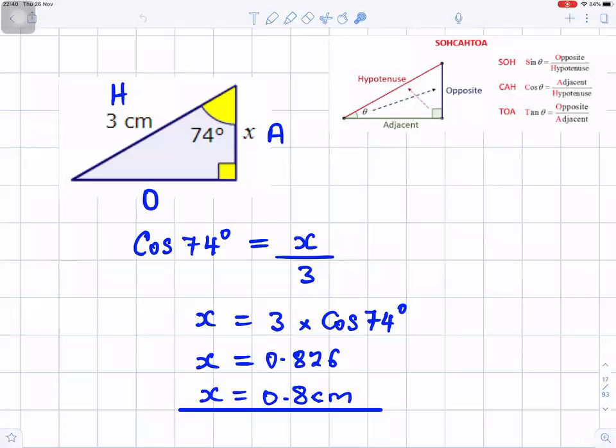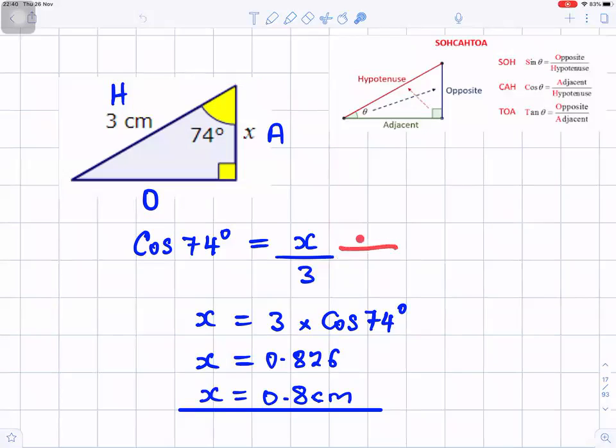For this one, to find the length of this side, the adjacent is x, the hypotenuse is 3. So which trigonometric ratio, you ask yourself, which trigonometric ratio has A and H in it? It's the cosine. So cosine of 74 degrees equals adjacent, which is x, divided by hypotenuse, which is 3.